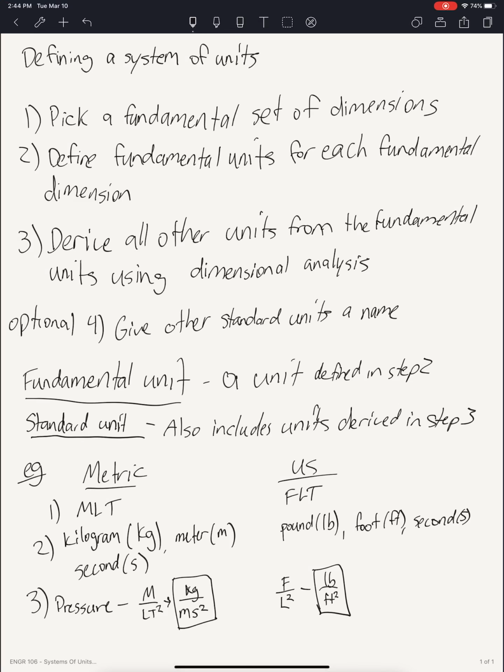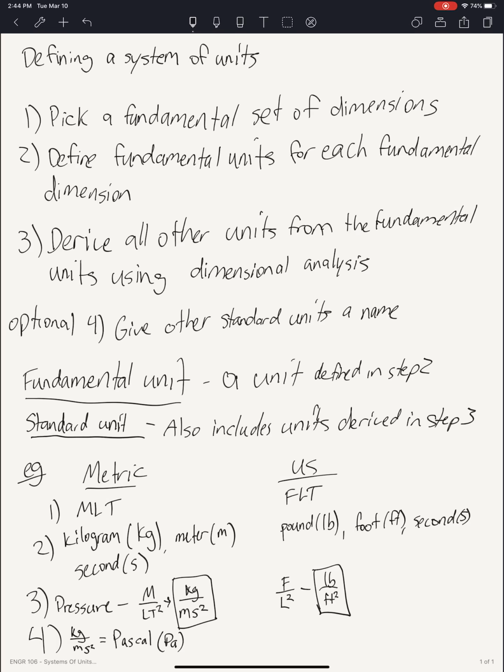There's an optional step 4, and the optional step 4 is give it a name. In this case, the kilogram per meter second squared is called a Pascal, abbreviated PA. This last step is optional and isn't always named. Like the unit doesn't always have some sort of name.